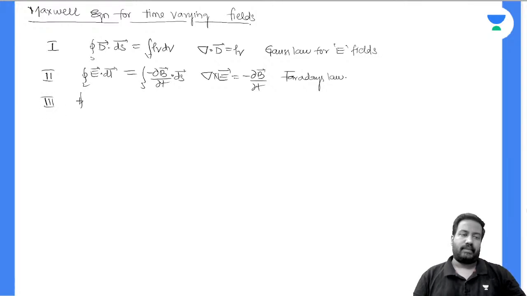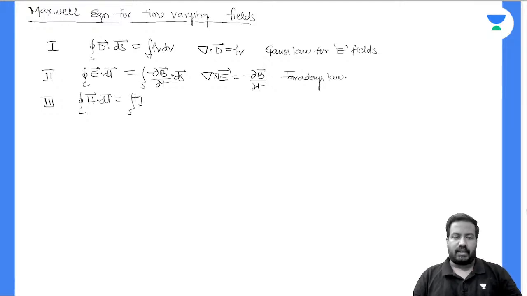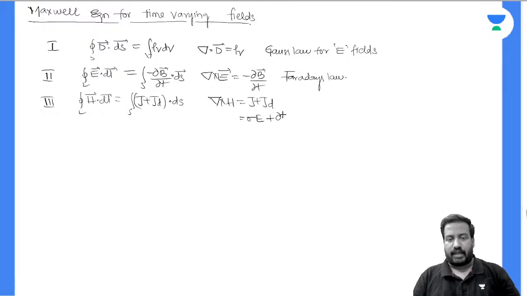Third equation, closed loop integral of H dot dl is equal to surface integral of J plus Jd dot dS. Differential form, del cross H is equal to J plus Jd, where J is conduction current density given by sigma E, Jd is the displacement current density given by dou D by dou t.